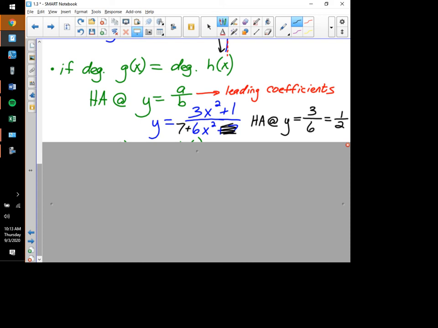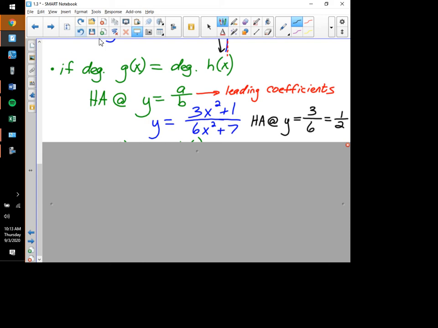It's still 6. Leading doesn't mean which term comes first. Leading really means the coefficient of the highest degree term within that polynomial. So if I were to leave the problem like this, that wouldn't change anything, and our horizontal asymptote would still be the line y equals 1/2.